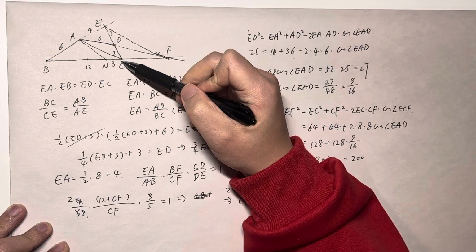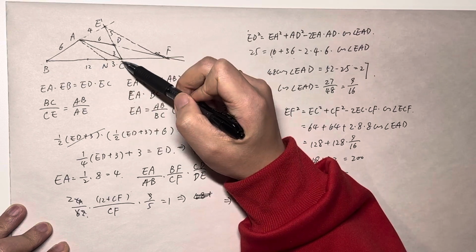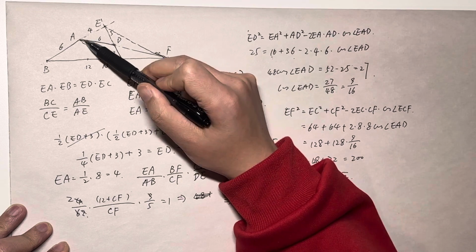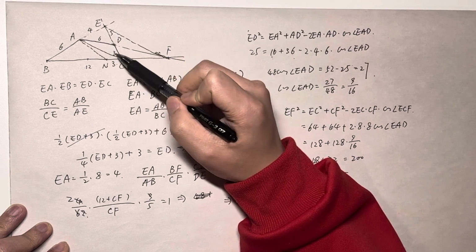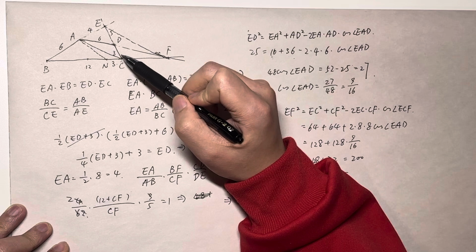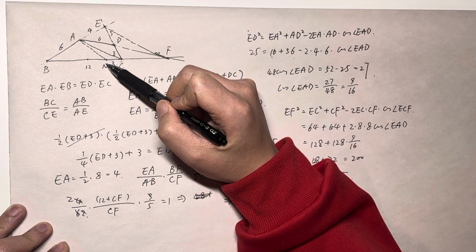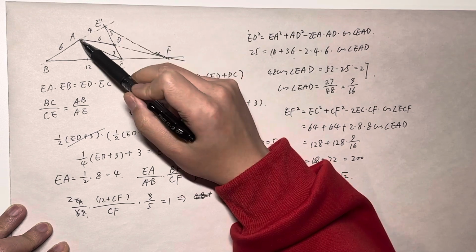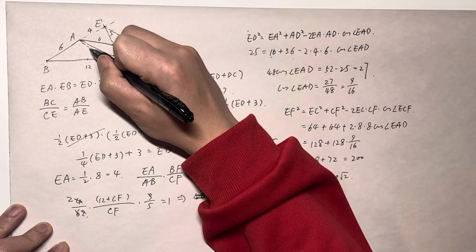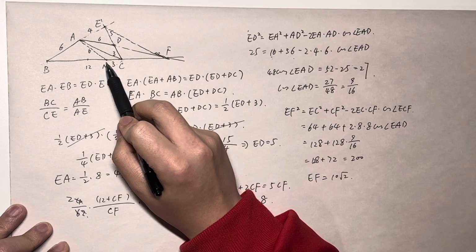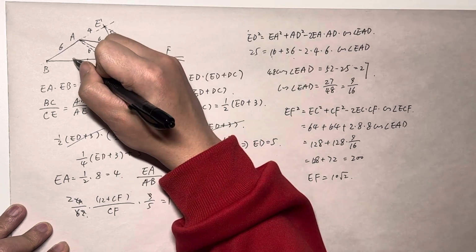Because angle ACB equals angle ACD, CN equals CD, and AC equals AC, triangles ACD and ACN are congruent, which means AN equals 6. And we know that the length of BN equals 9.